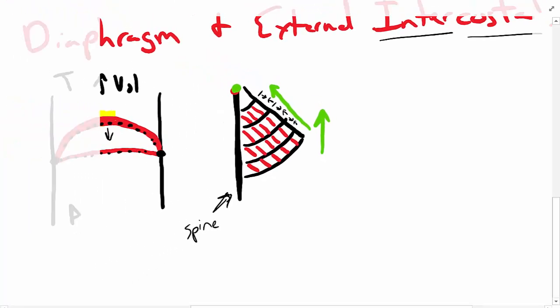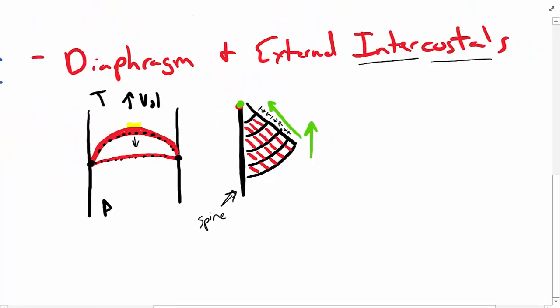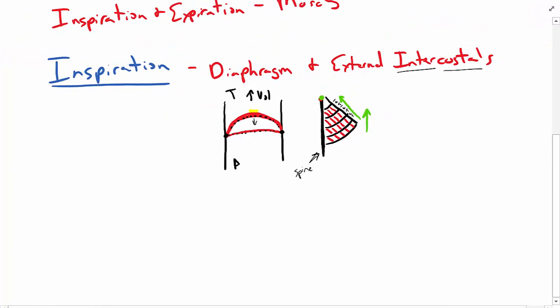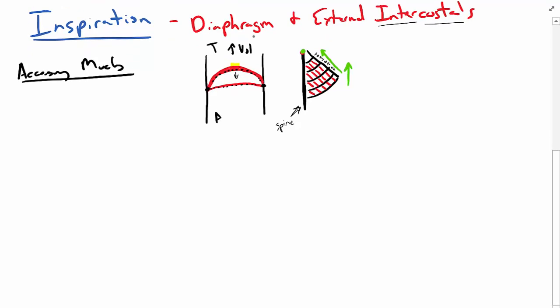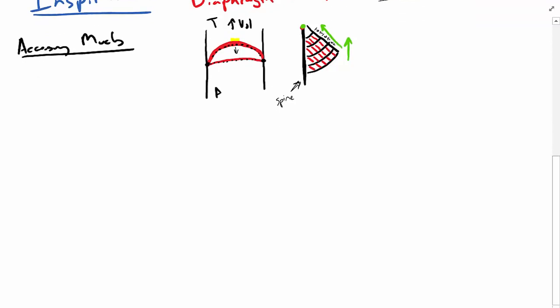Okay, so those are the main muscles of inspiration. Now there are some accessory muscles to inspiration that we can list here. These accessory muscles are usually only engaged during maximal or strenuous inspiration. They're not normally engaged in normal tidal breathing. However, the diaphragm and external intercostals are engaged in normal tidal breathing.